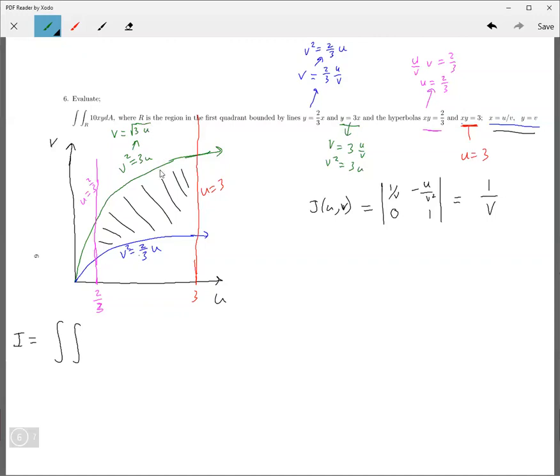So the upper line is the square root of 3u, and the same thing with this lower bound, v equals the square root of 2/3 u.